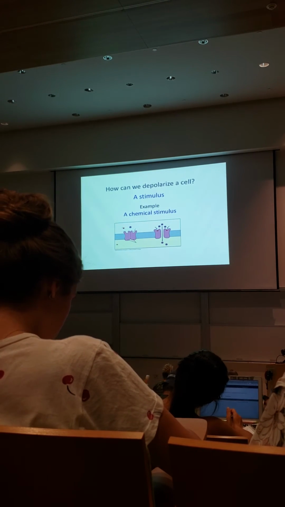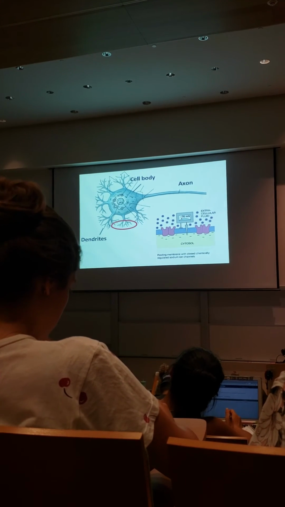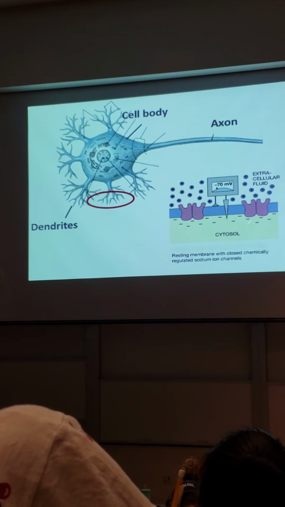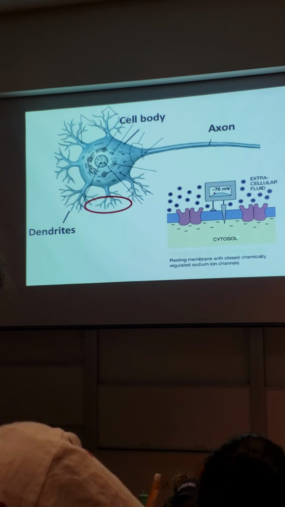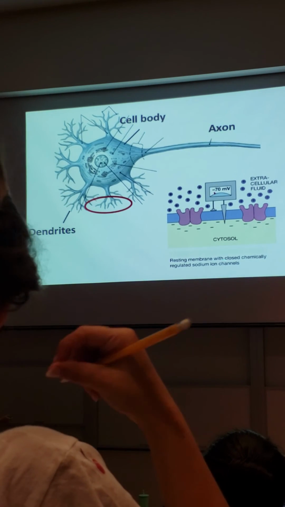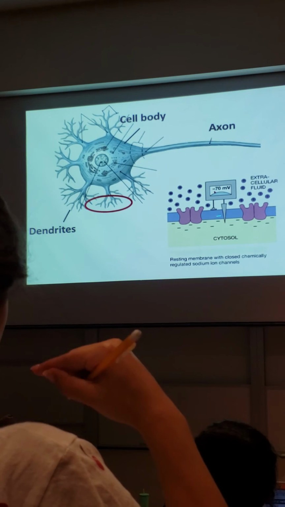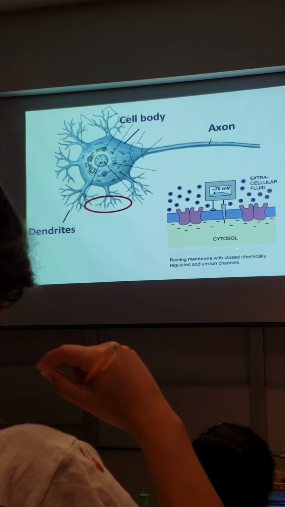So we're going to use an example of the chemical stimulus, and let's zoom out and see the cell, and here is, we'll focus on this part, the dendrites, and here is zooming in, resting membrane state, right? Negative, positive. Please note, I said it last time, but now we should know more about this. It does not mean, you'll tell me, do we have cations in the cytosol? Can you give me a name of a cation?